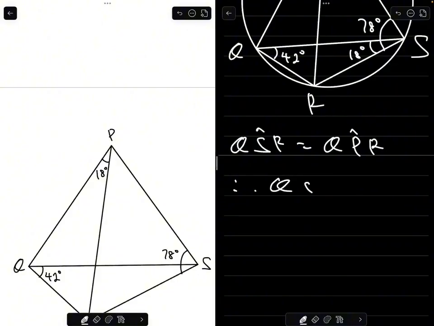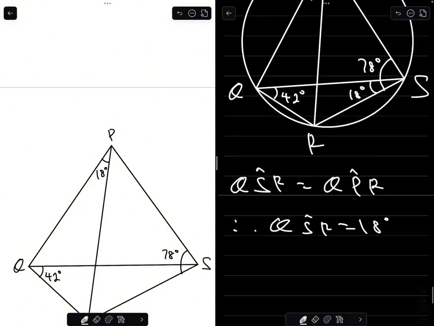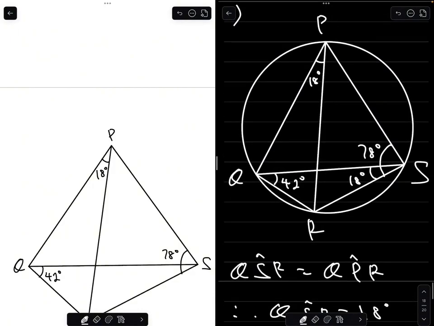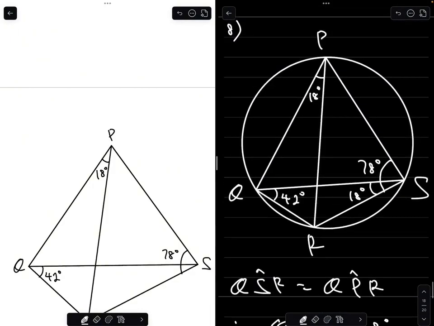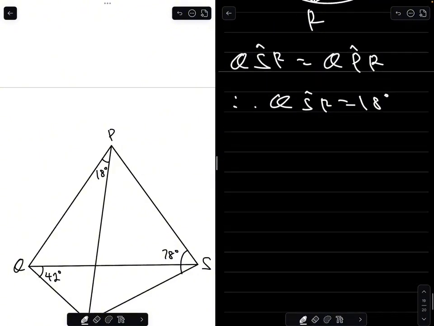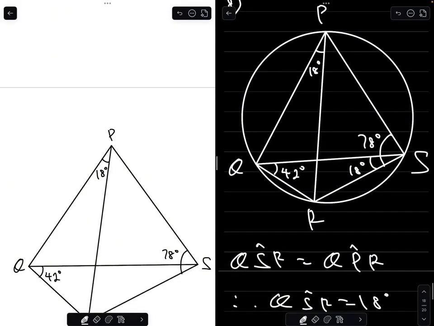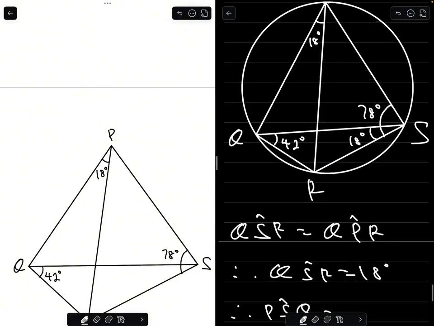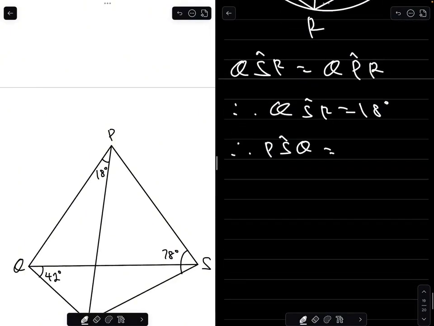So that therefore means angle QSR is also equal to 18 degrees. Now, if we know that this is 18, then we can find this angle in triangle PQS. We can find angle PSQ. So angle PSQ in triangle PQS is equal to 78 minus 18.